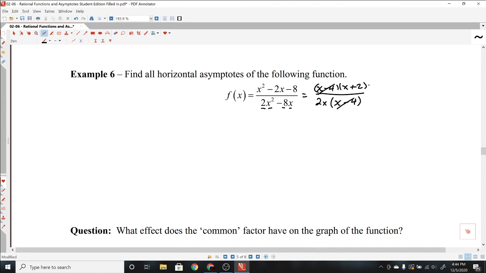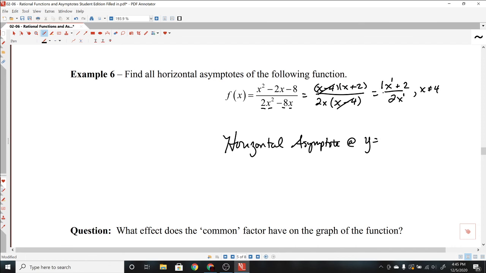So we would cancel these out, which gives me x plus 2 over 2x, again, as long as x is not 4. So now we compare. The degree of the numerator is 1. The degree of the denominator is 1. So we are going to have a horizontal asymptote at y equals the ratio of these leading coefficients, which is 1/2.